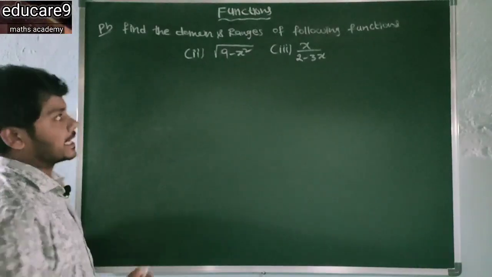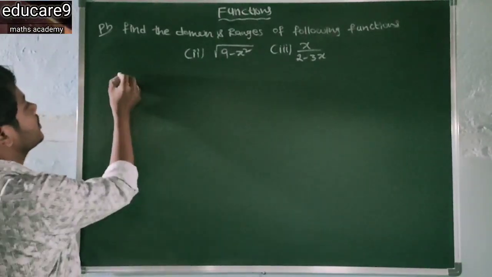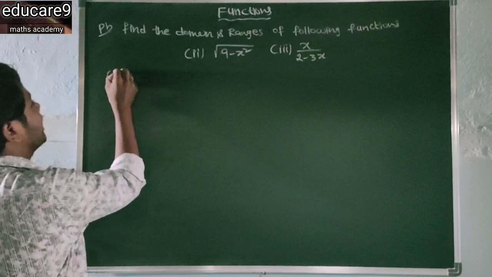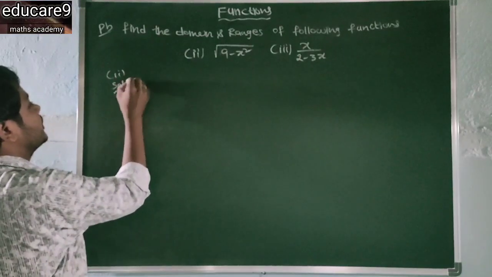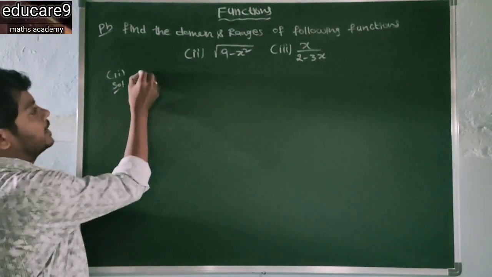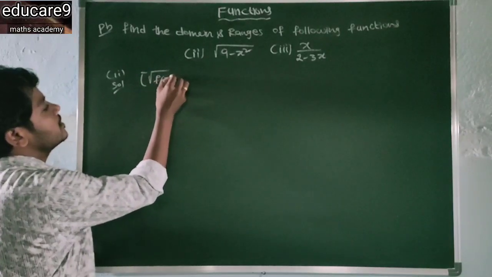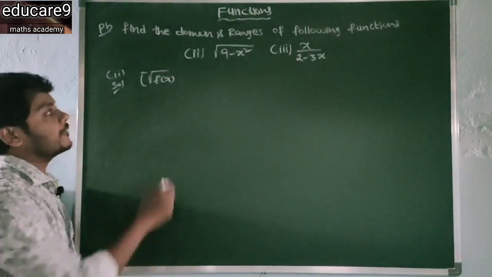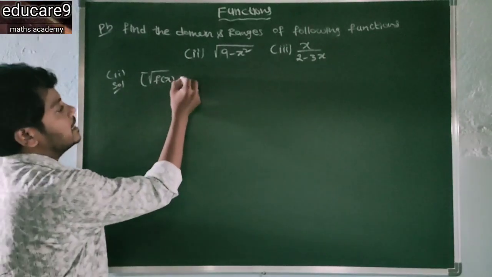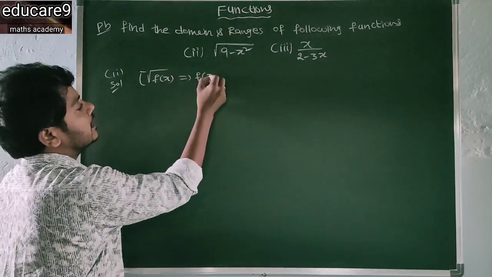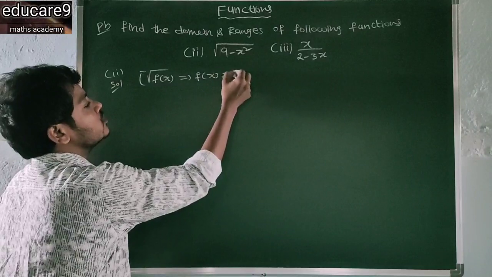So next is the second one. Second solution. Clearly it is in the form of root f of x. So what are the root f of x conditions? f of x is greater than or equal to 0.